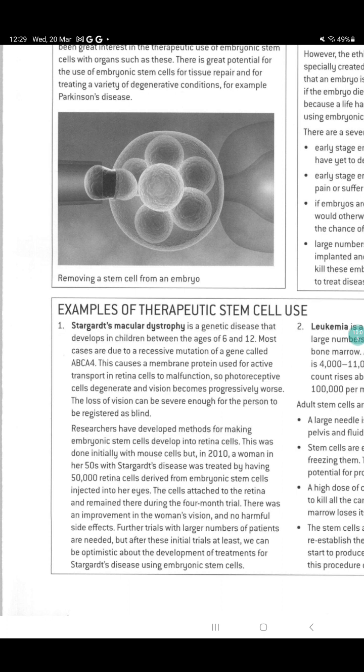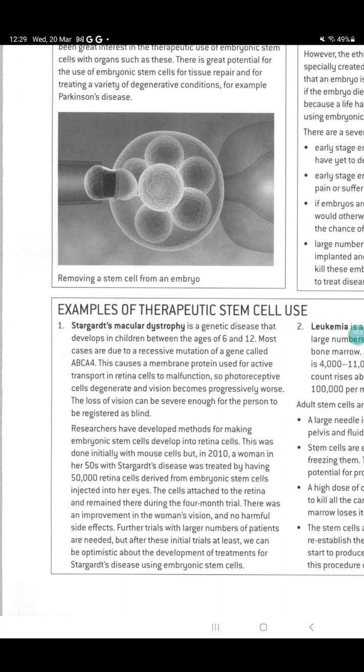they were surgically inserted inside the eye with the other retinal cells, and they started performing their function very well, and photoreceptivity of the cells was regained. With time the cells attached to the retina and remained there during the 4 month trial. There was improvement in the woman's vision and no harmful side effects.